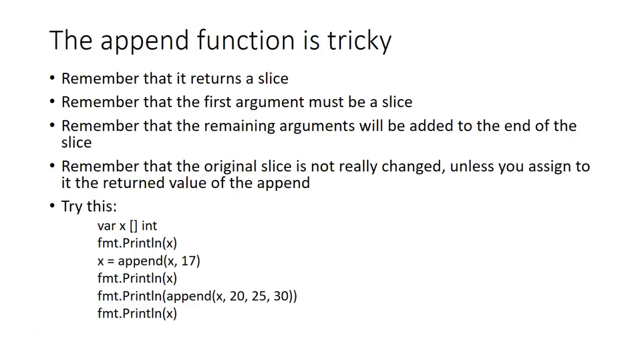But right now, there's nothing in it. If we printed it out at this point, we saw the brackets with nothing in them, right? Next, print x, brackets with nothing in it. Next, x changes to what append does to x sticking 17 in. And then we print x. X has changed. So what was it?